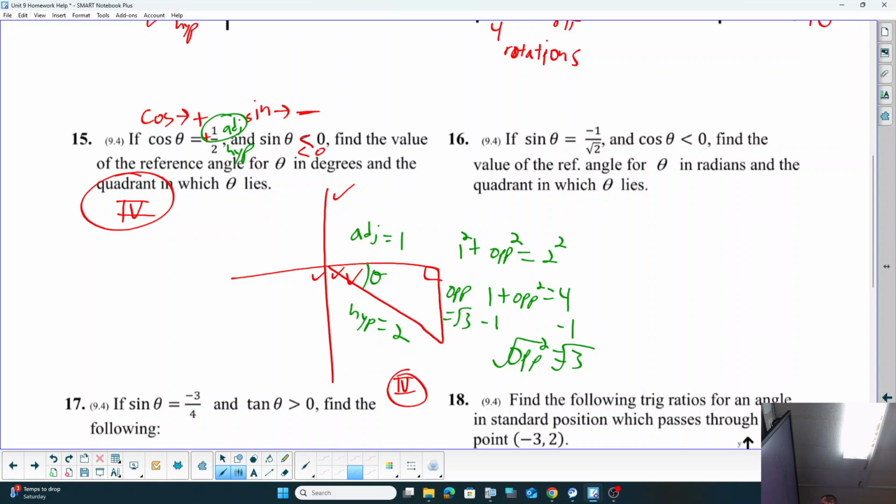That means this is a 30, 60, 90, but this side is the long leg, so this has to be 60 degrees. The reference angle is 60 degrees, and the quadrant is quadrant 4.